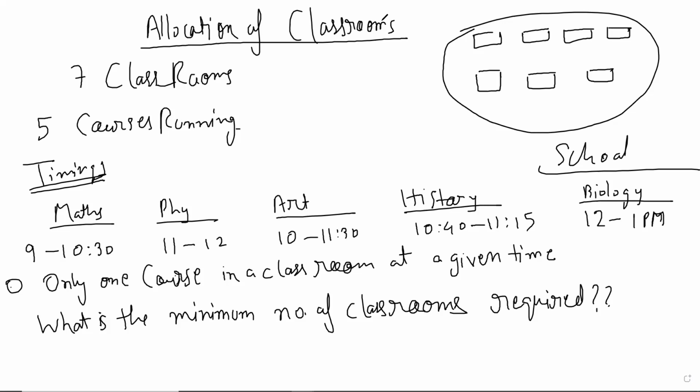So for instance, for maths and arts, we will definitely need two different rooms. But then overall, how many rooms do we need minimum? Otherwise, you can just use all the 7 rooms.